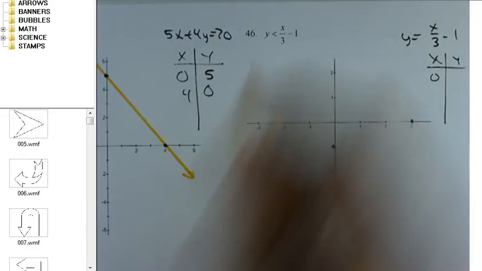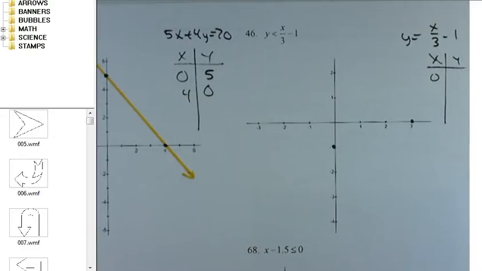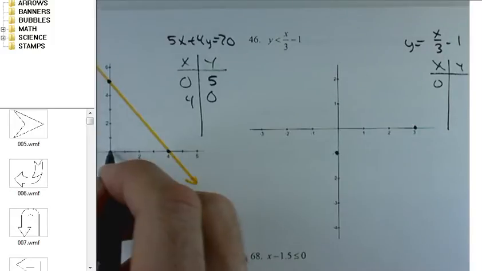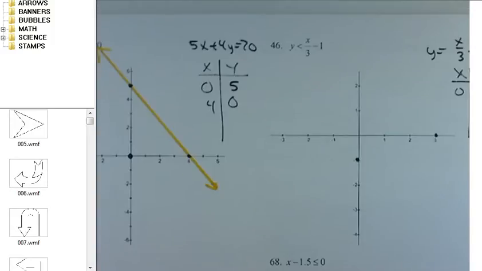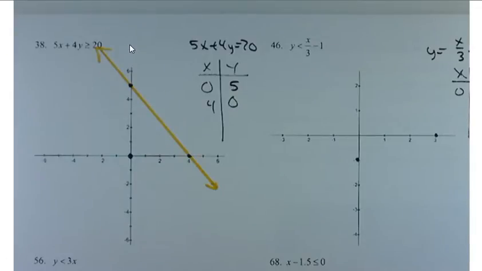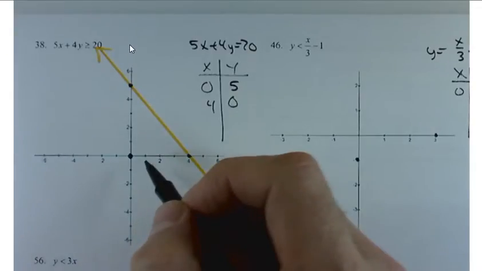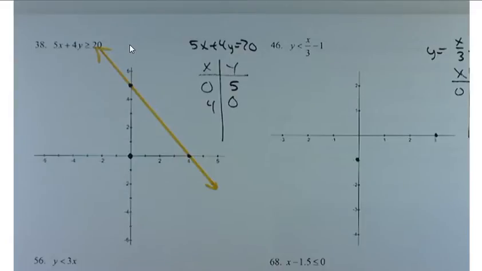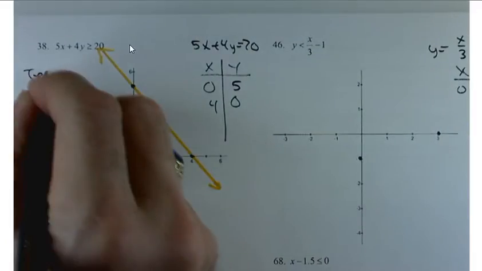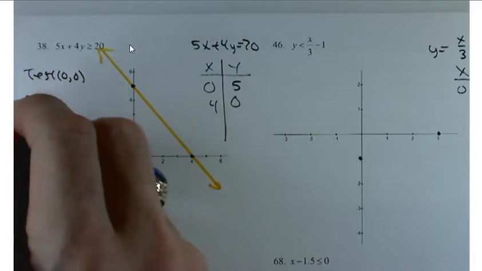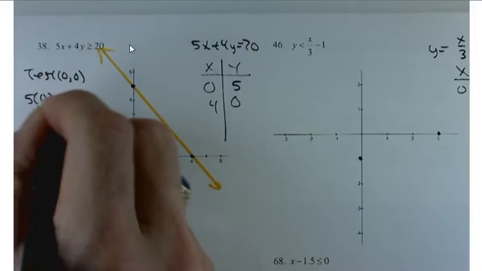Now it's a matter of testing points to see where I want to shade. Let's test (0, 0). (0, 0) is a great test point as long as your line doesn't pass through the origin like it does in problem 56. So test (0, 0). 5 times 0 plus 4 times 0.